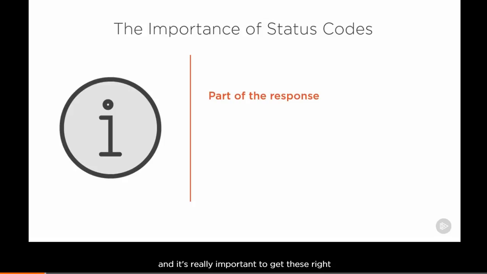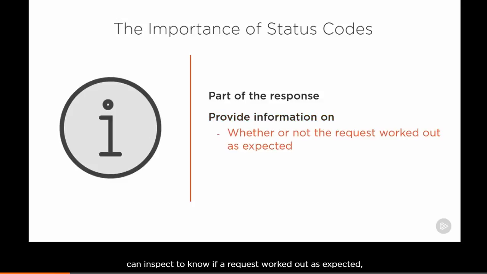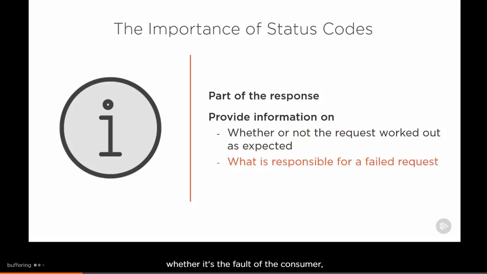And it's really important to get these right, because these status codes are the only thing a consumer of the API, like a client-side web app, can inspect to know if the request worked out as expected, or if something went wrong, and if something went wrong, whether it's the fault of the consumer or the fault of the API itself.